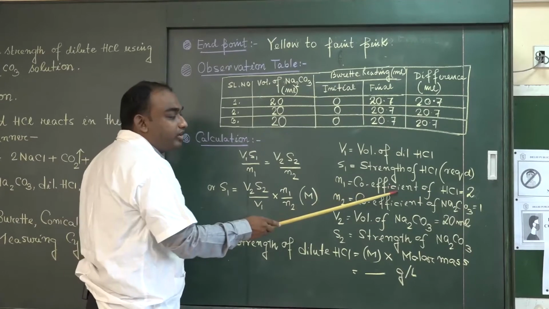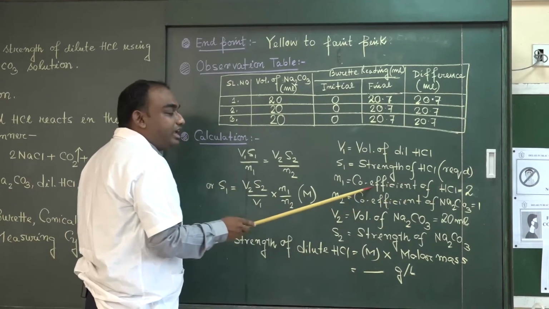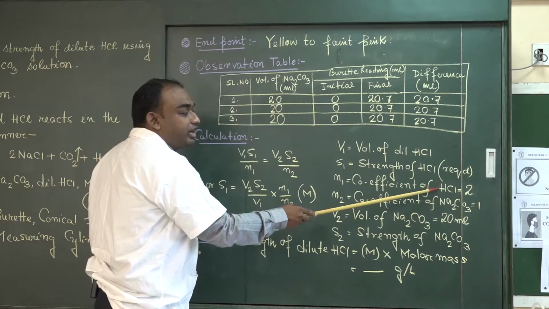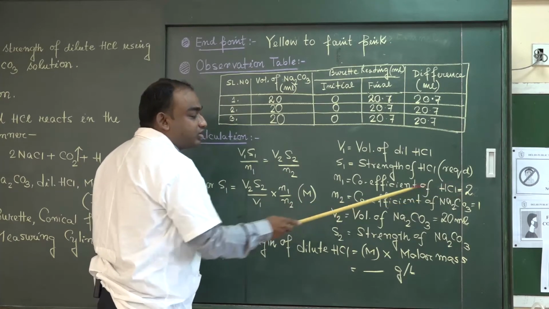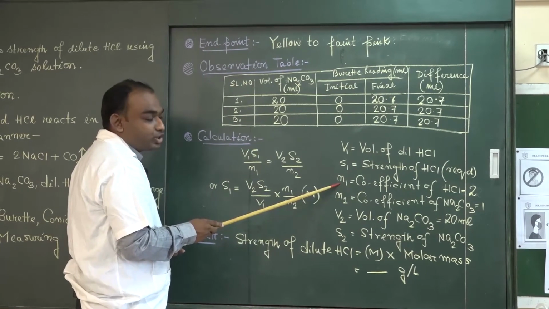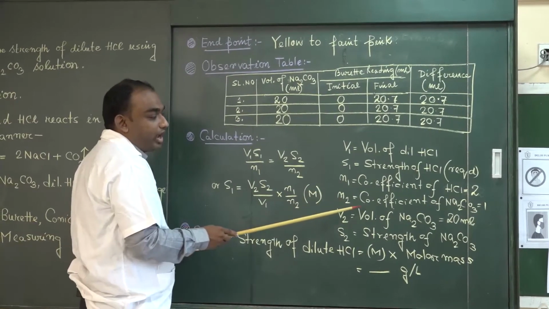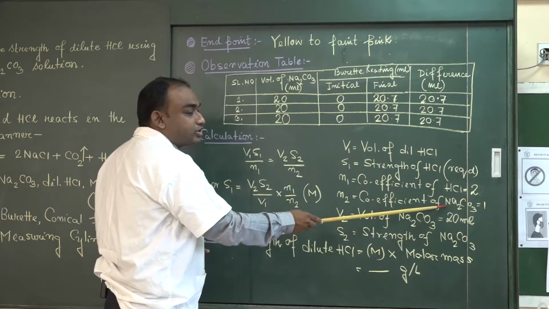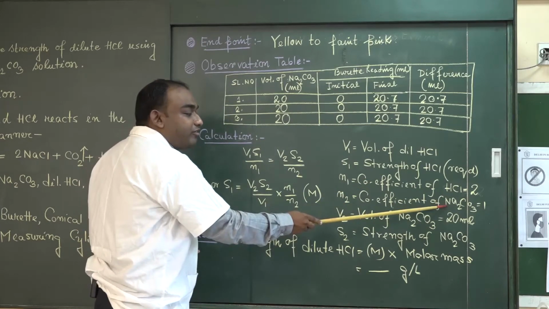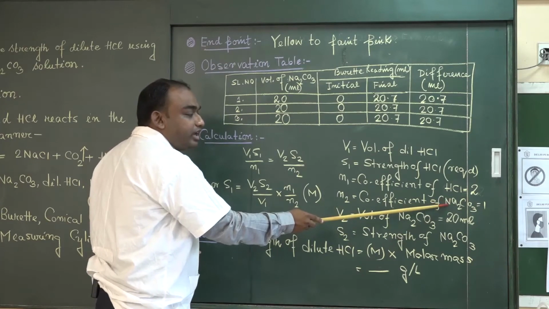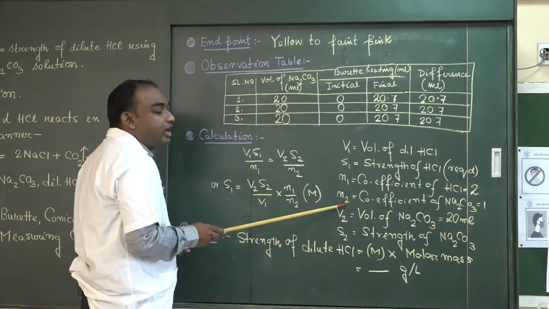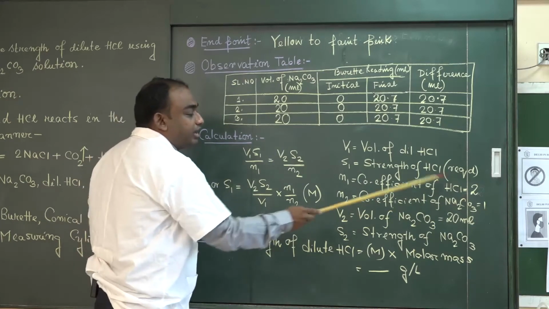N1 means the coefficient of HCl. In the equation, students, we found that we need 2 moles of HCl. That is why the coefficient N1 is 2. What is N2? N2 is the coefficient of sodium carbonate. In the reaction, we need only 1 mole of sodium carbonate. So our N2 will be 1.